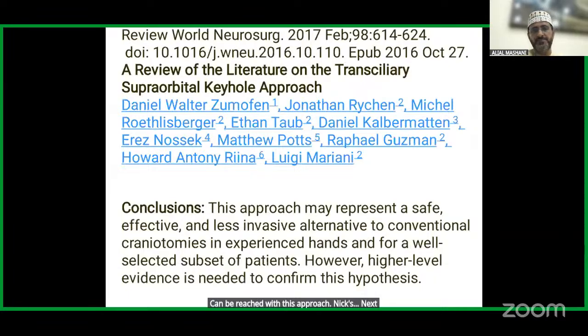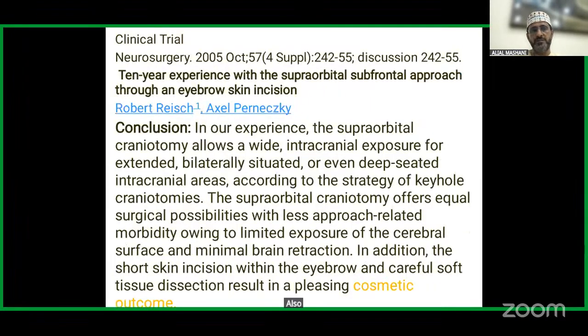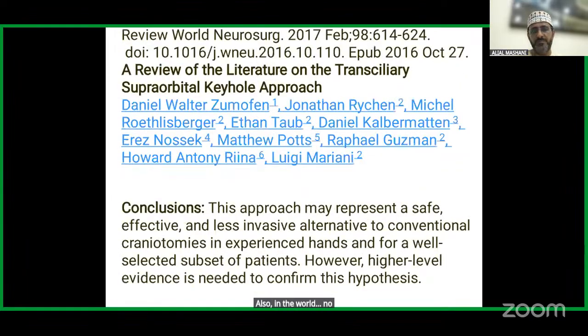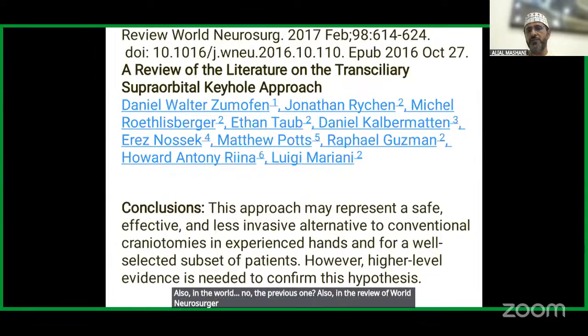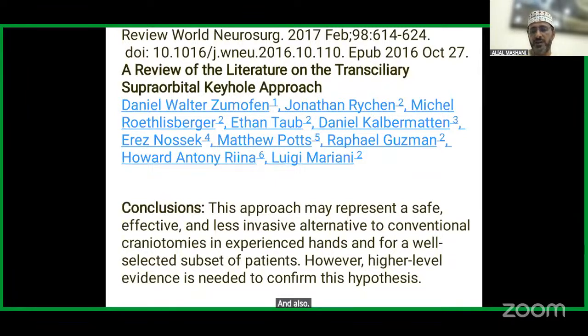Also, in the review in World Neurosurgery, they reviewed the literature, and it showed that this approach is less invasive and can also be used after conventional craniotomy.